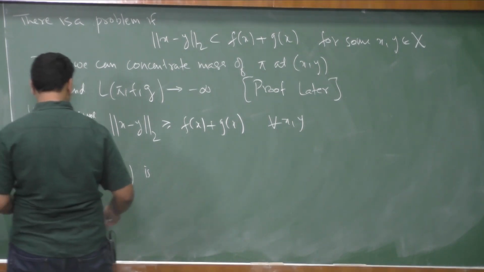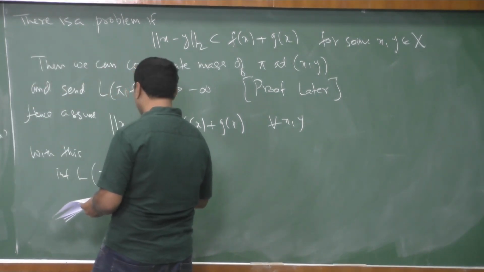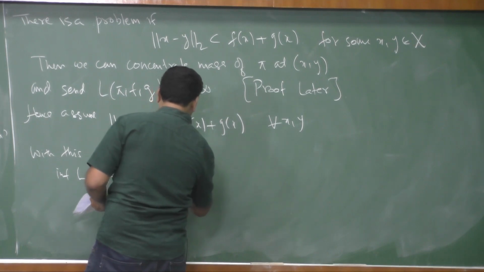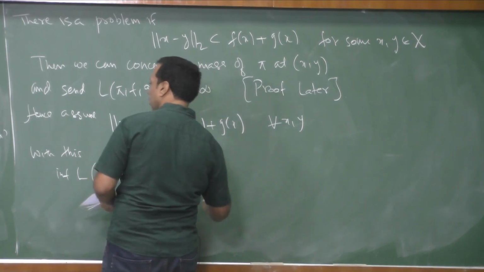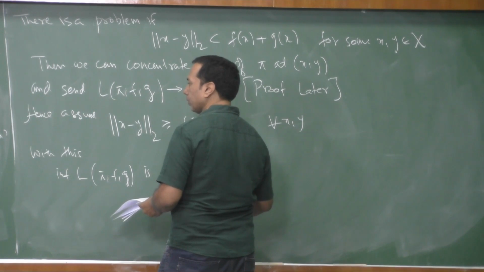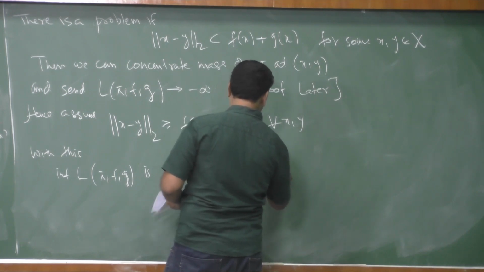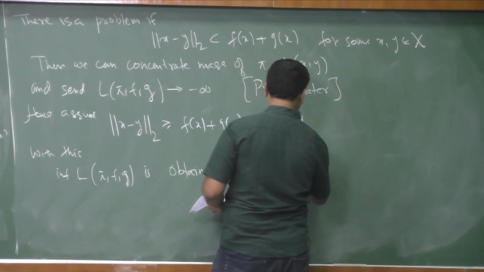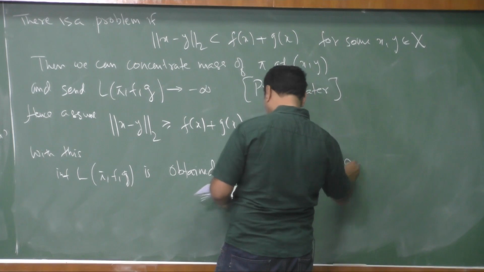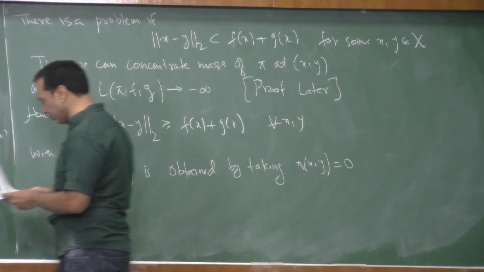So this will be 0. So it is obtained by taking pi(x,y) as 0. This is the minimum value of pi.